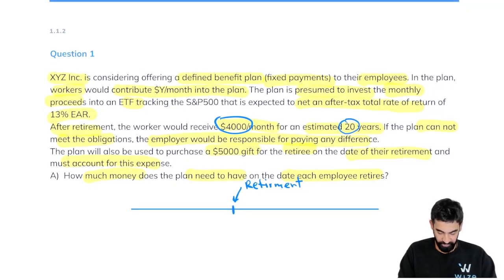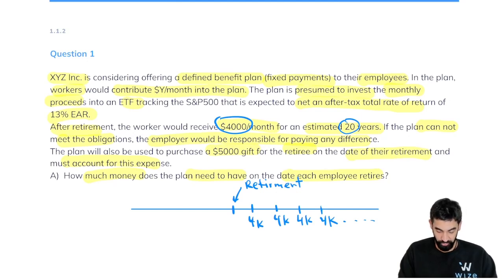So what does $4,000 a month mean? That means they get $4,000 here, or I'll just put $4K to save space. Then they would get $4K here, $4K here, $4K here, all the way for 20 years, but it's $4K a month.